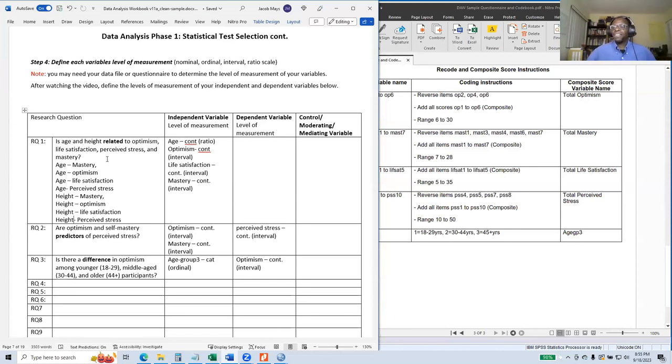If that makes sense, type in a Y. If it does not make sense, type in an N. All right, great.